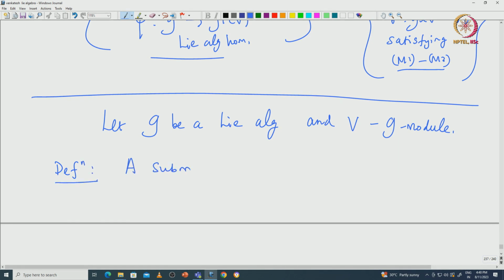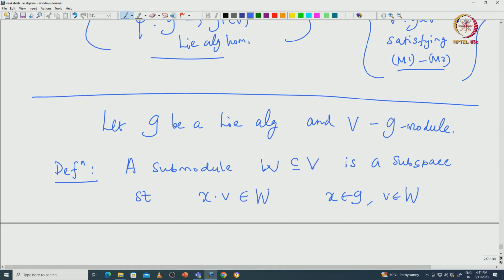A submodule W of V is first of all a subspace, such that whenever you take x from G and v from W, then if you compute the action of x on v, that should be inside W. This should be true for all x in G and v in W.